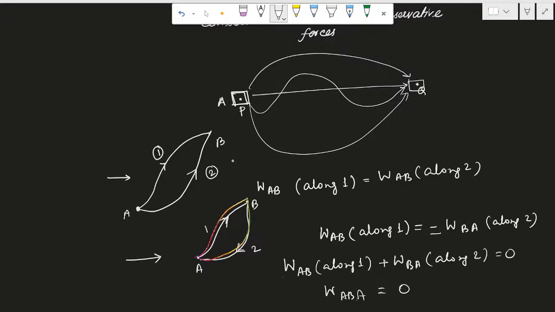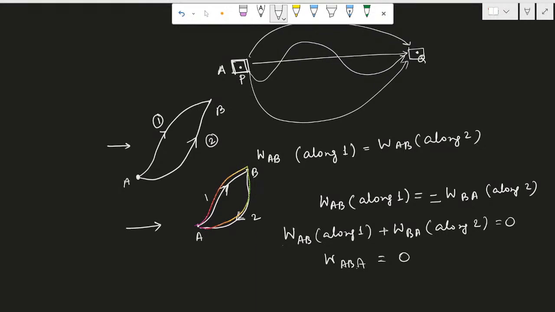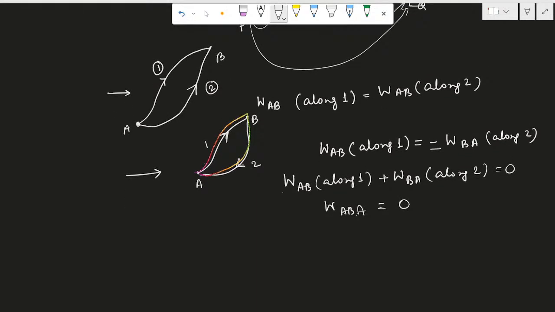Now we will consider a different topic, or rather a question that can be asked from that topic, that is potential energy in relation to conservative force.